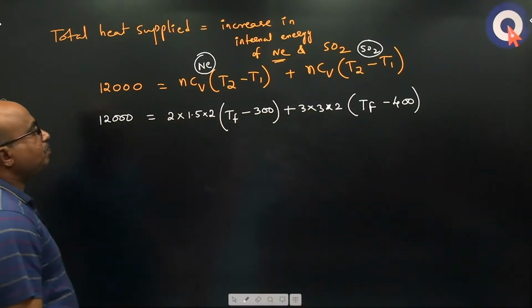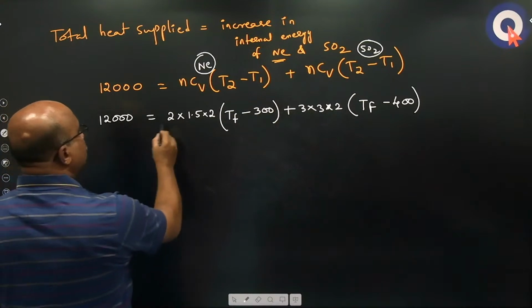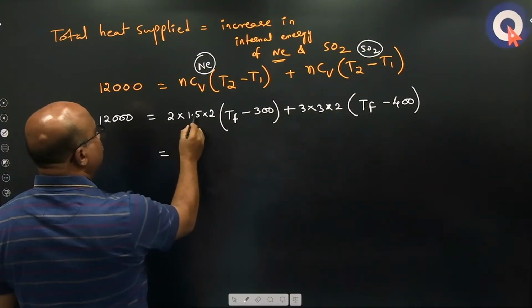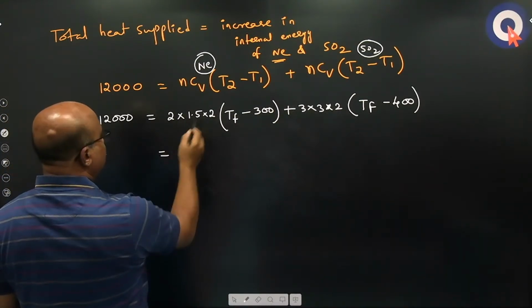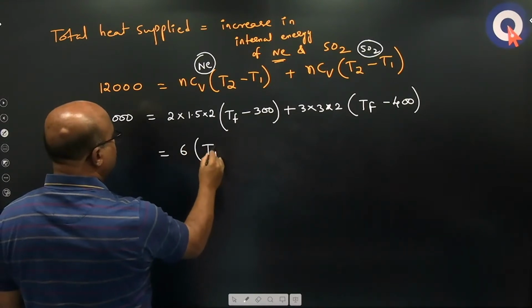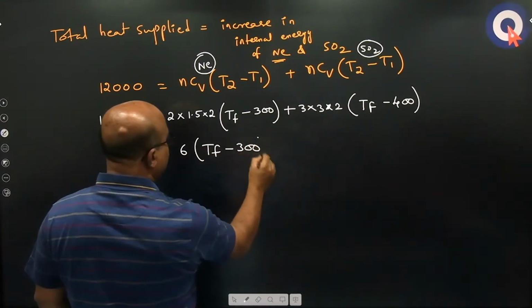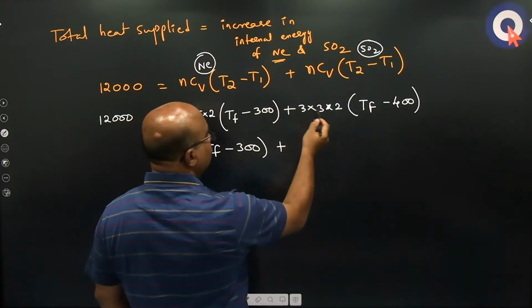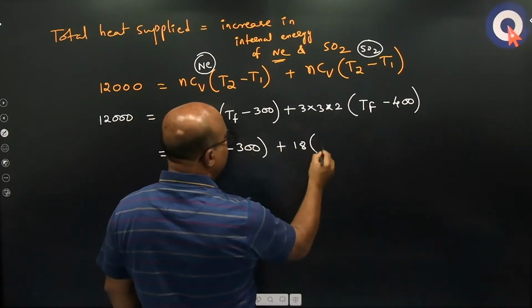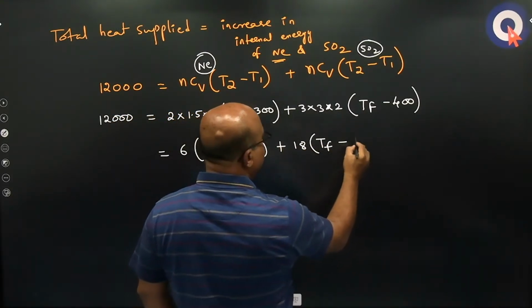So what is this? It's 6 TF minus 300 plus 18 TF minus 400.